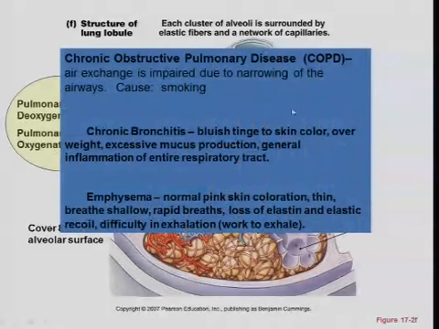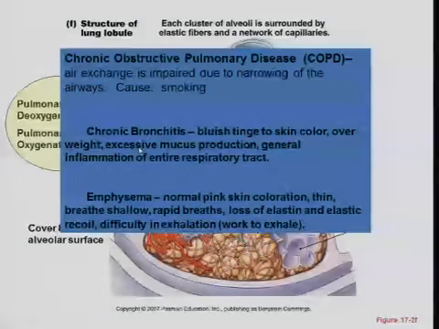Now also, we already mentioned a little bit about chronic obstructive pulmonary disease, or COPD. Remember, we mentioned this is primarily a conductive airway disease, and air exchange is impaired due to narrowing of the airways. The primary cause is smoking. So anything that causes a narrowing of the airways, and two examples of that are chronic bronchitis.